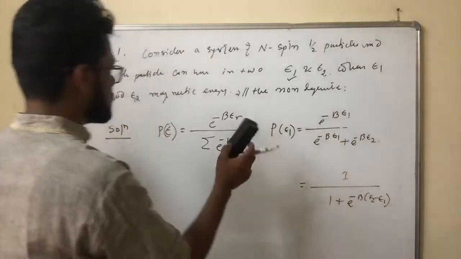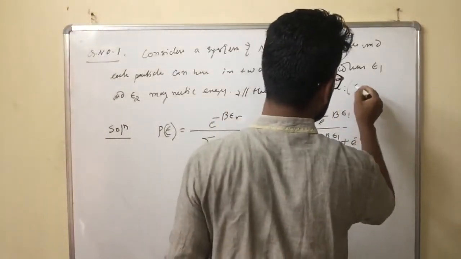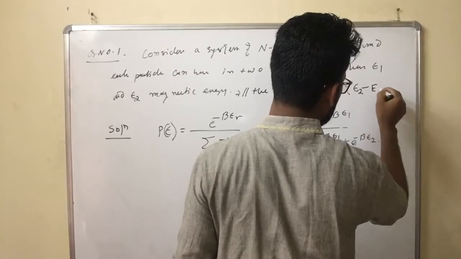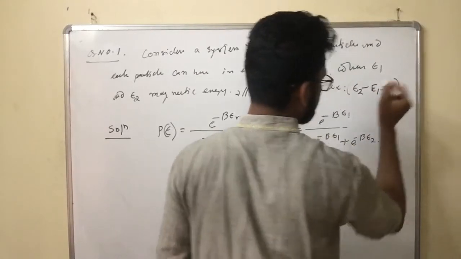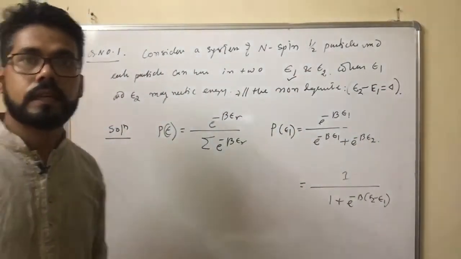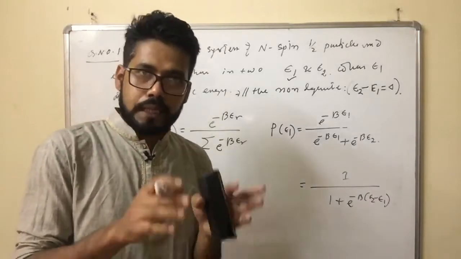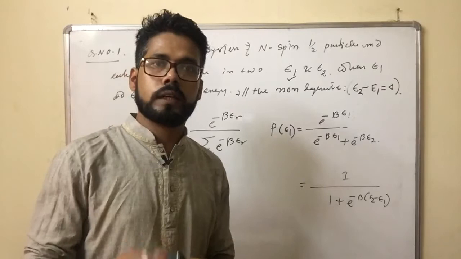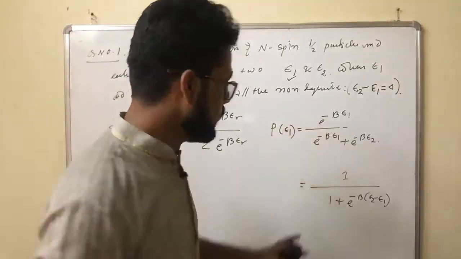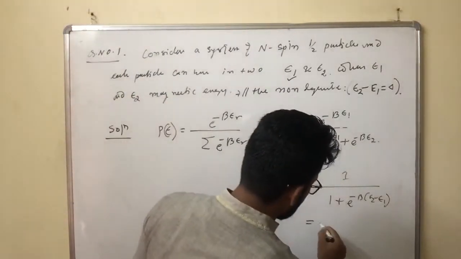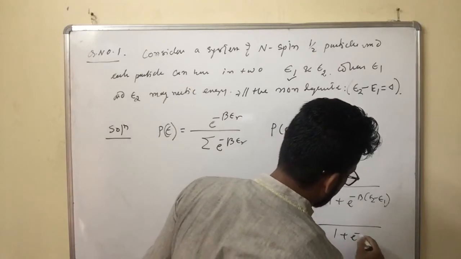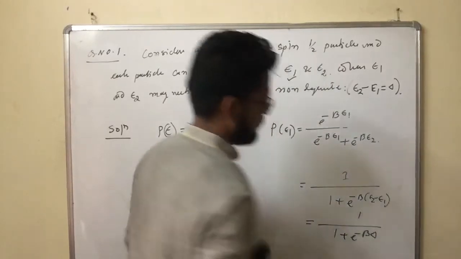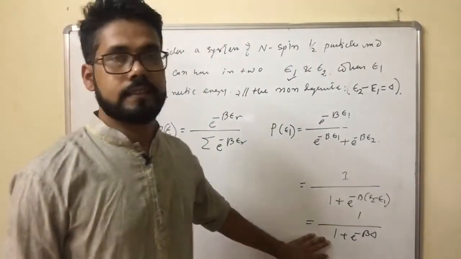Sometimes they will also mention a hint, E2 minus E1 equal to delta. They want to make the question more complicated, and ensure whether you understood or not. In that case, the probability is 1 over 1 plus e to the power minus beta delta. This way you have to understand.